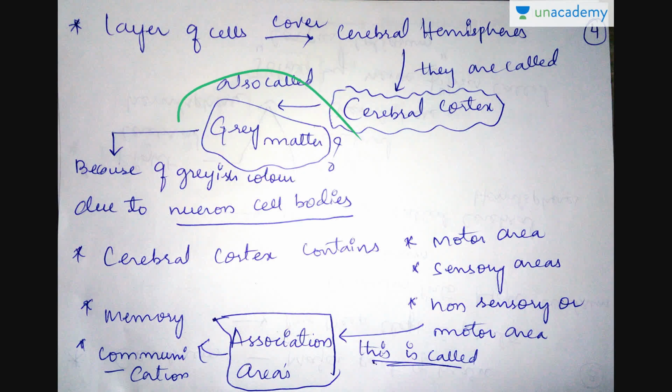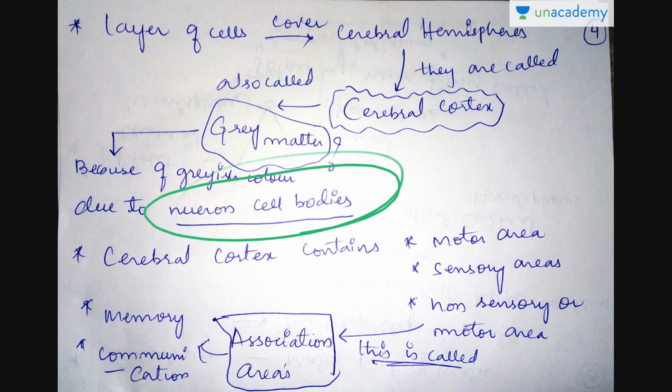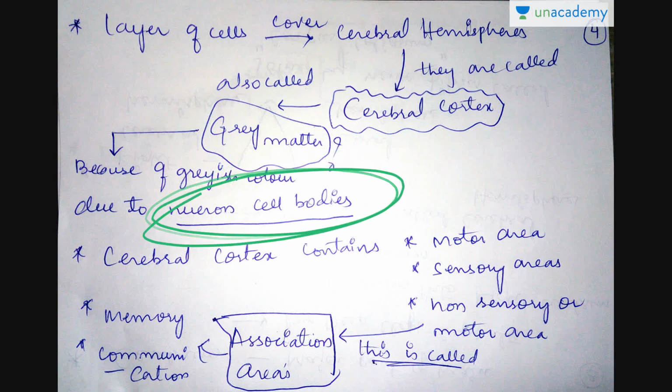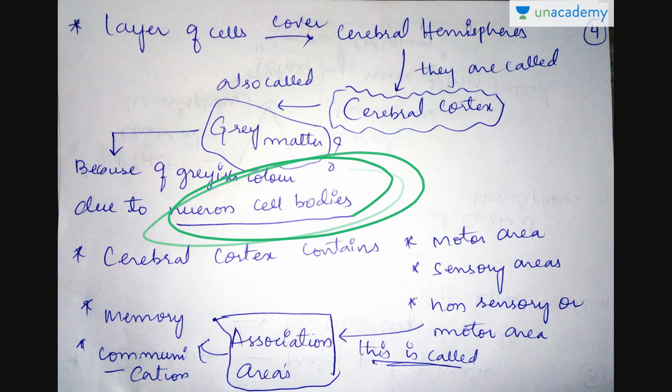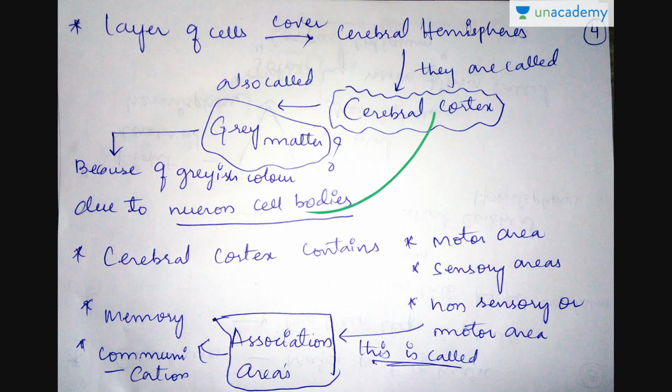This is called grey matter because of greyish color due to presence of neuronal cell bodies in this region. Hence the appearance of greyish color is seen.